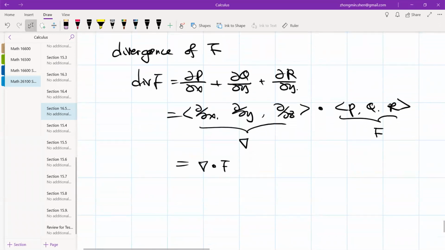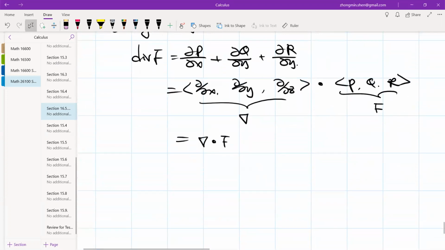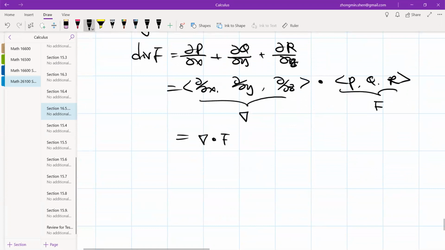The detailed formula is the partial derivative of P with respect to x plus the partial derivative of Q with respect to y plus the partial derivative of R with respect to z.